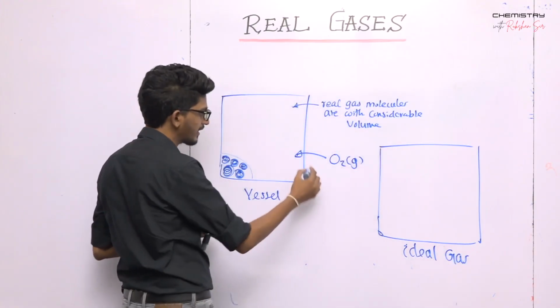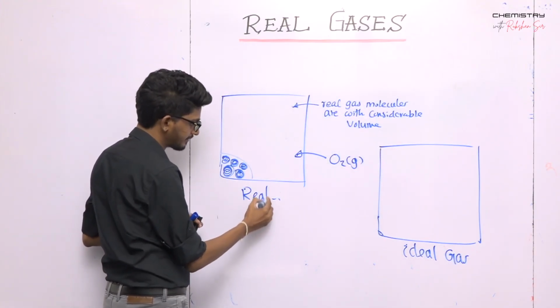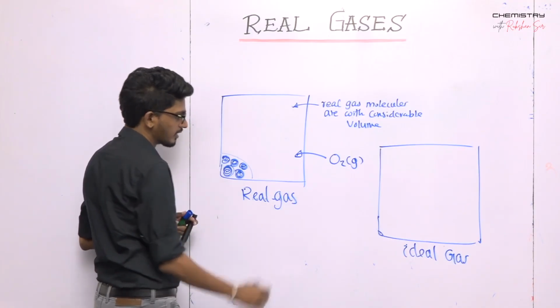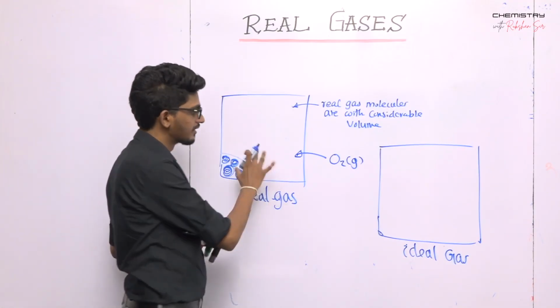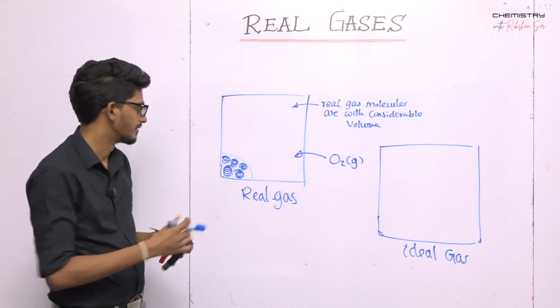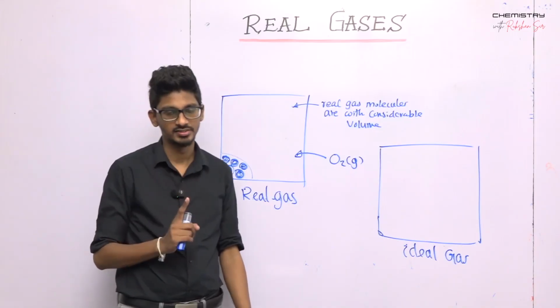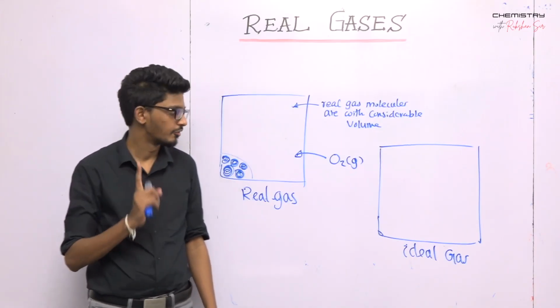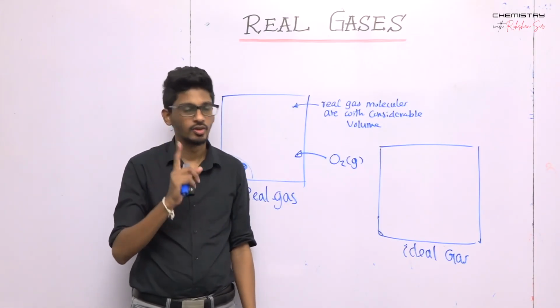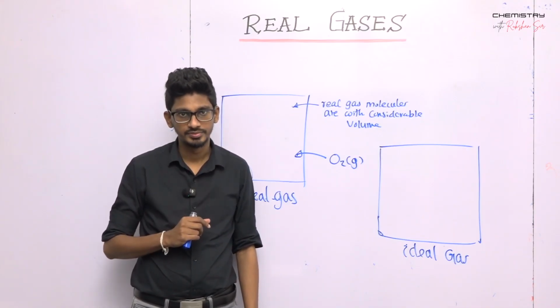This is what happens with the real gas. So we can't consider real gases as ideal gases, as they have considerable volume. That is one reason real gases are not considered ideal gases.